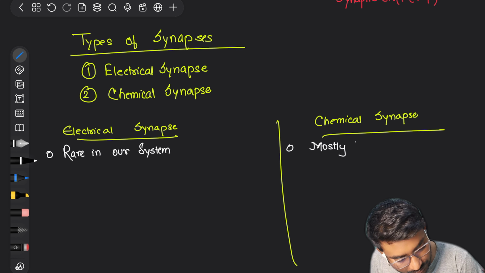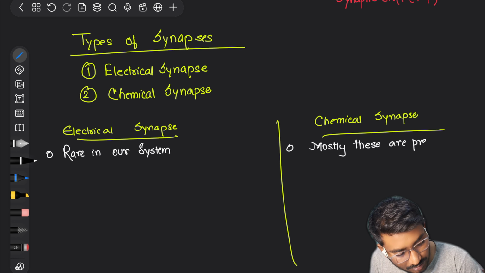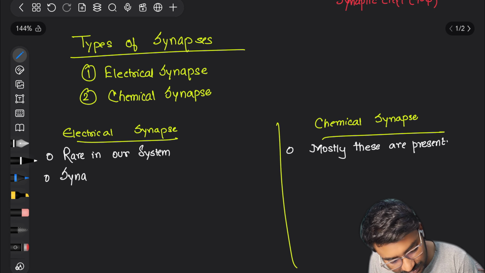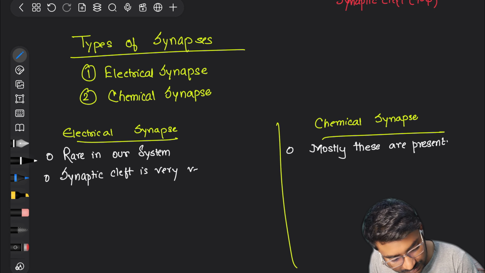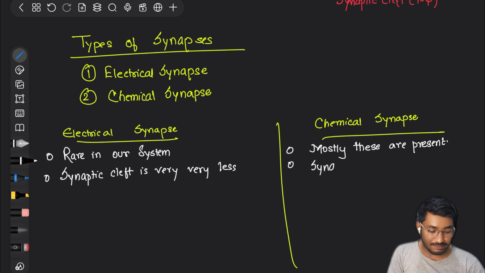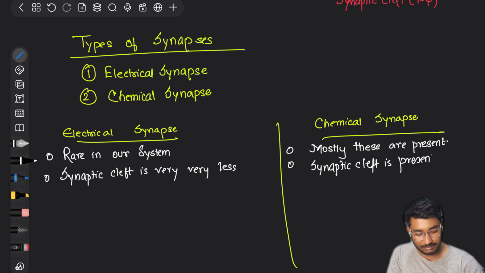The synaptic cleft is very less here, while in the chemical synapse the synaptic cleft is present.